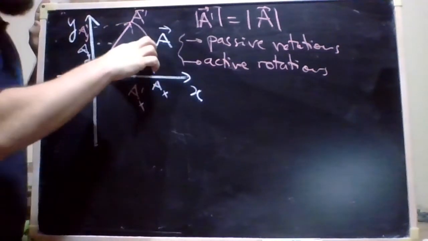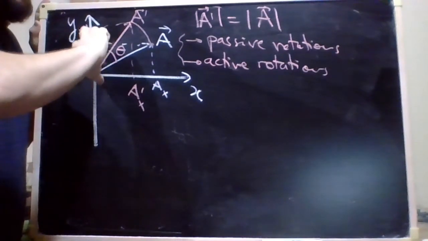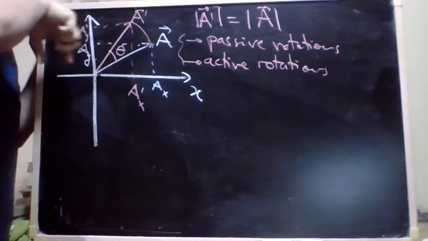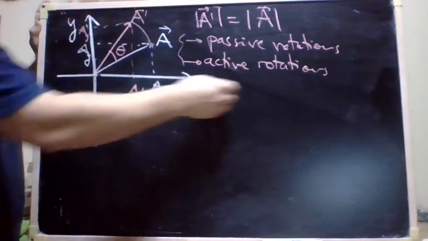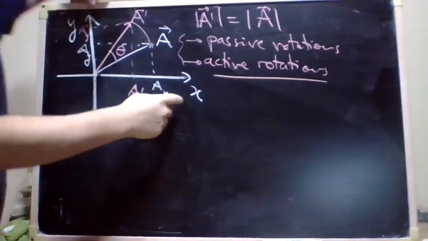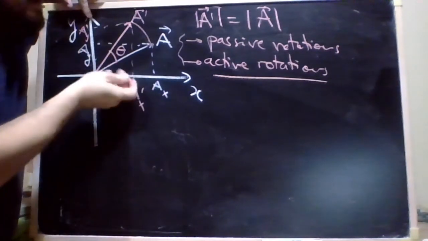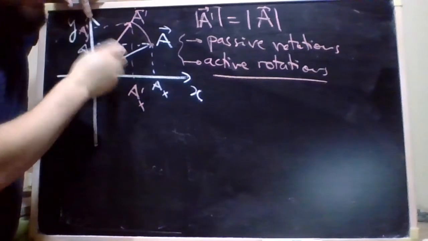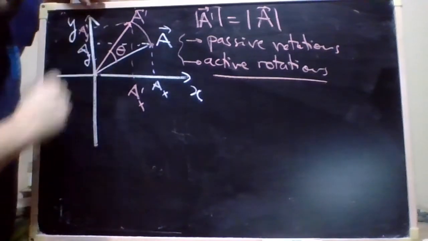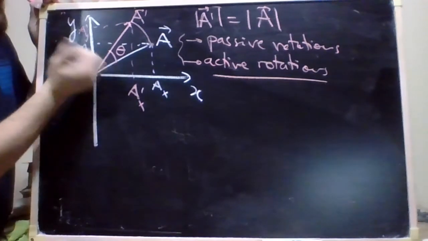You can keep the vector fixed and rotate the coordinate system in the clockwise sense here in this example, or you can do what we are doing, active rotation. You keep the coordinate system fixed and you rotate the vector in the opposite direction, so counterclockwise rotation here. This rotation is performed along the z-axis.